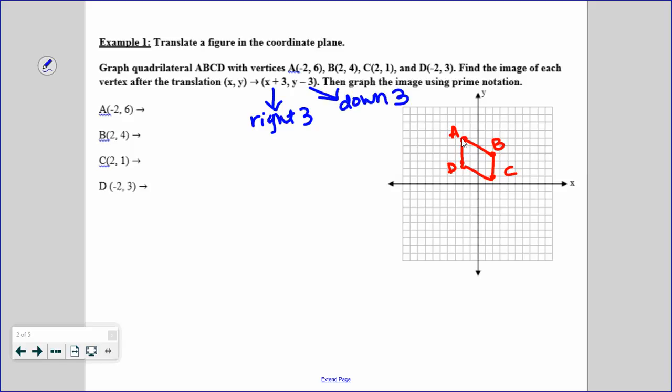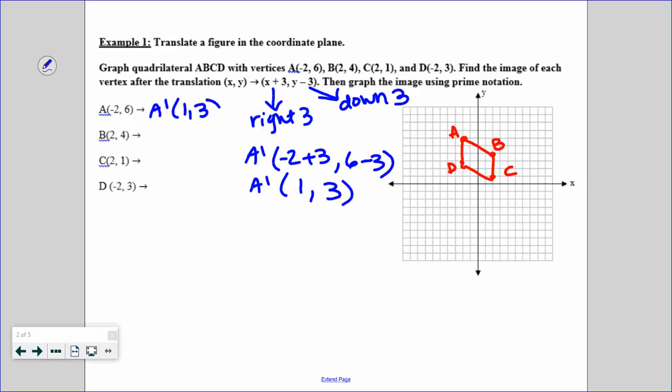So I can go to each point and count right 3 and down 3, or I can plug in each x coordinate. So for example, if I want to find A prime, I would plug in -2 plus 3 and 6 minus 3. So A prime is (1, 3). So we call them prime when that's our image point.